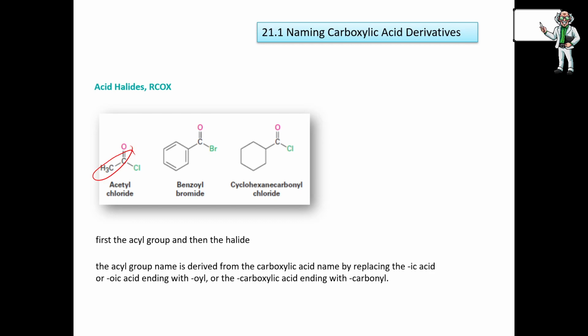It's the name of the major chain, that is 2 carbons. And then we add oyl, and the name of the halogen that is in the formula. For example, here it will be ethanoyl chloride. Clearly it has a common name that is acetyl chloride, but the IUPAC name will be ethanoyl chloride.